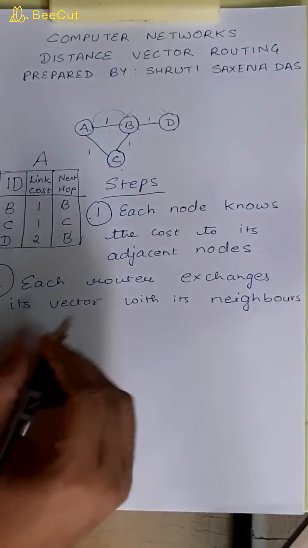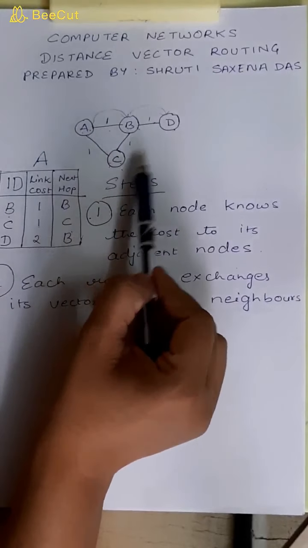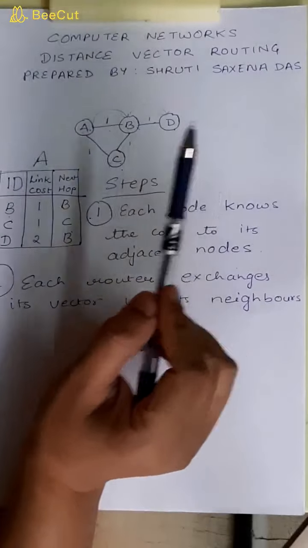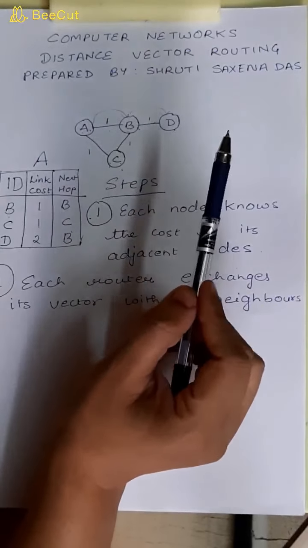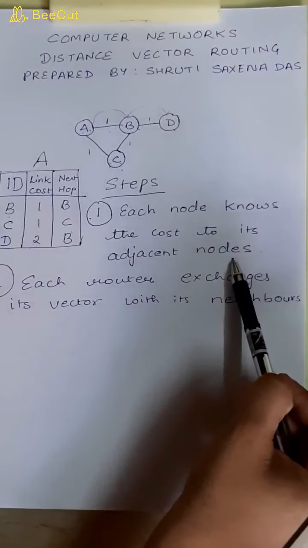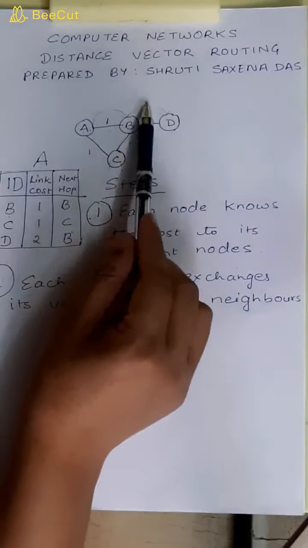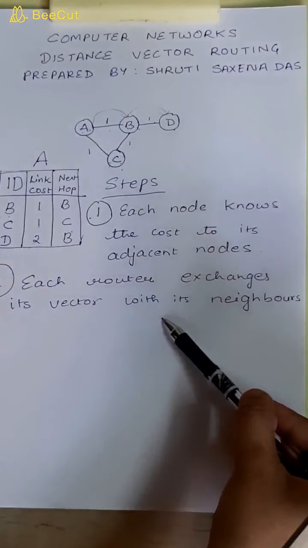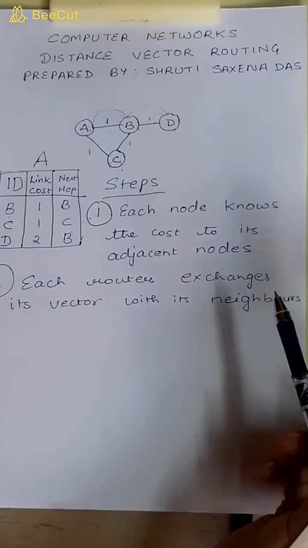Okay, so first of all, for each router an initial table will be prepared which will contain only the direct nodes, only the nodes which are having direct links. So adjacent nodes will be maintained. After that, after initial tables have been prepared, the routers will exchange their vectors with their neighbors.